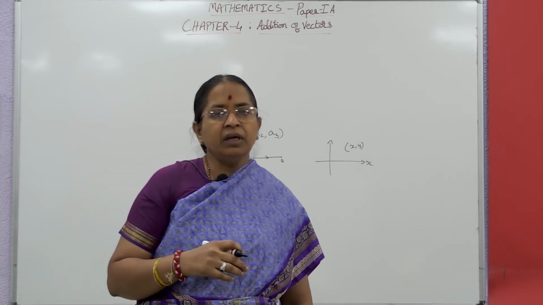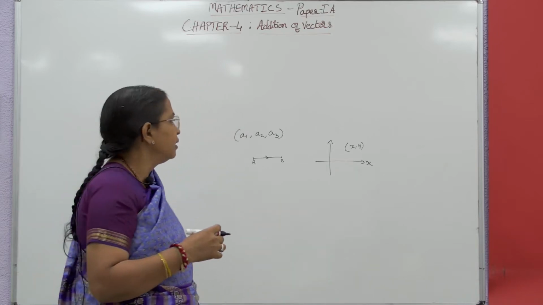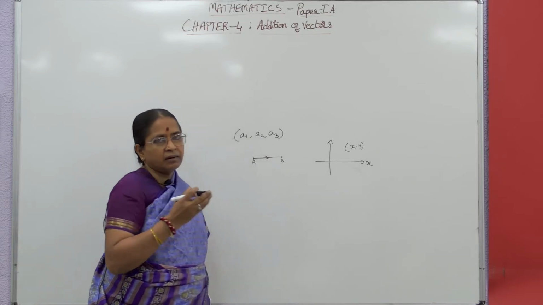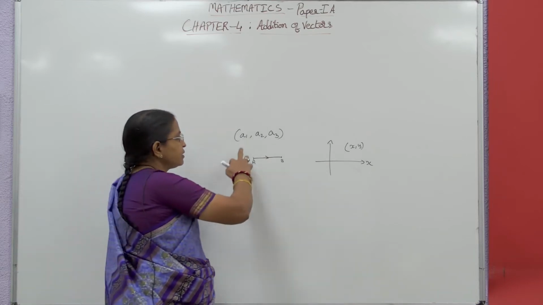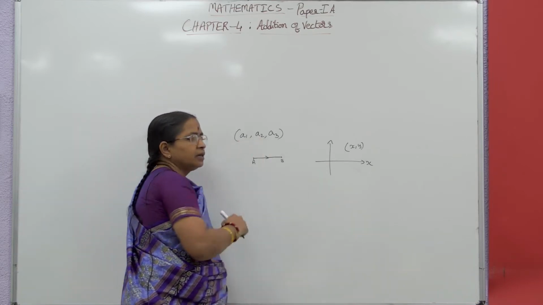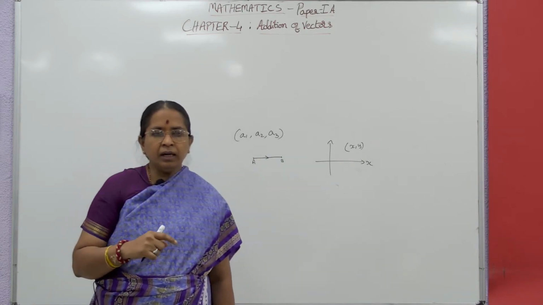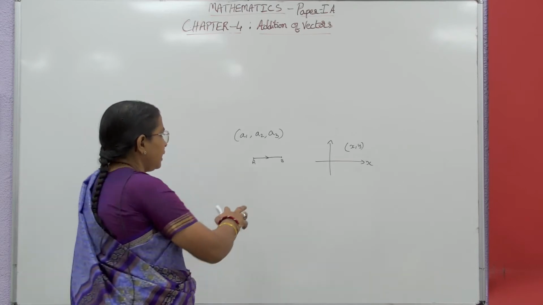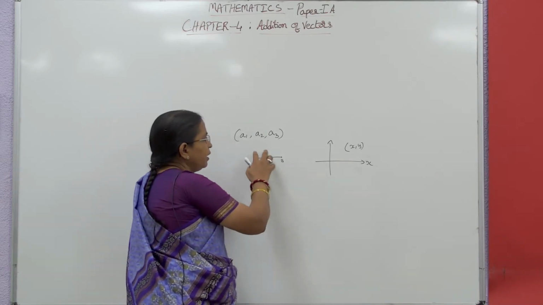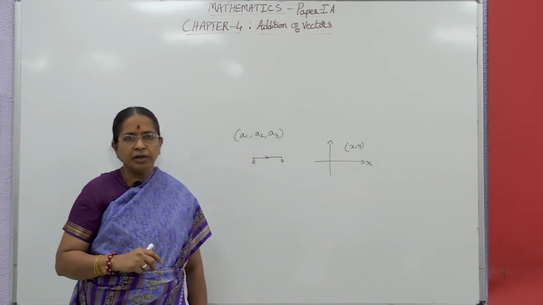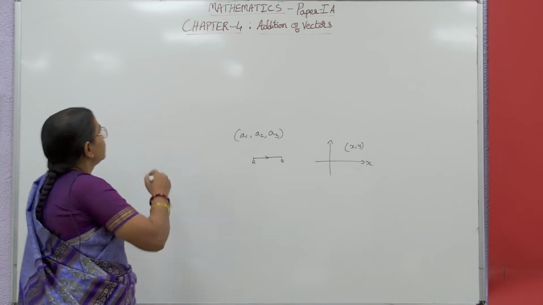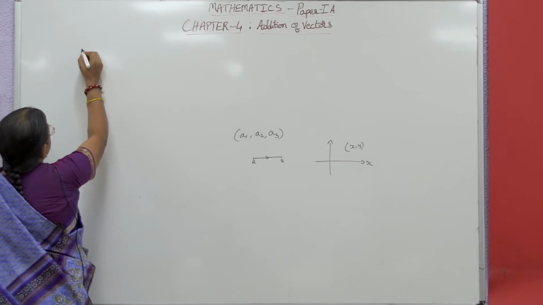In the same way here, we represent a vector by an ordered triad of real numbers. It will contain three real numbers. This is the first coordinate, second one, and third coordinate. So geometrically, a vector is represented by a directed line segment, and mathematically it is an ordered triad of real numbers.